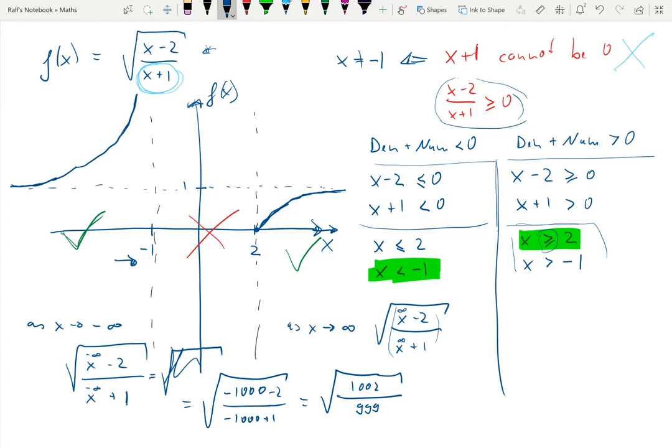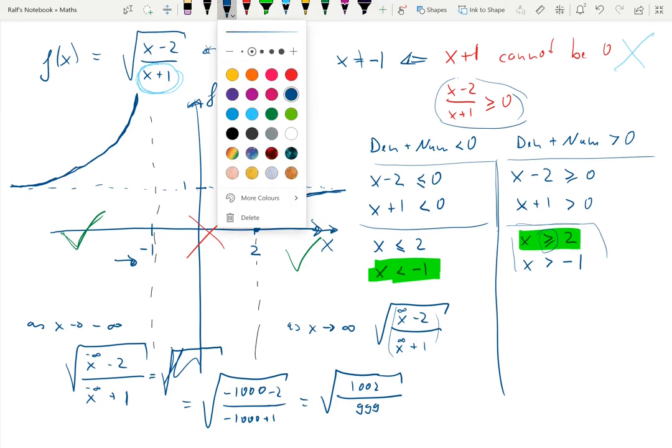So here's our function. Our function here has two parts again. This is one part, and this is the other one. It will never reach -1, because -1 isn't part of the domain. So how would you write the domain here? We forgot to write this down before.